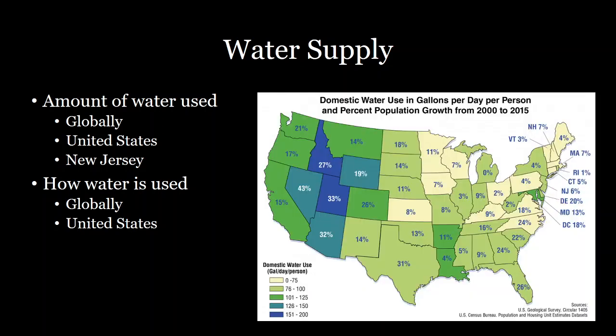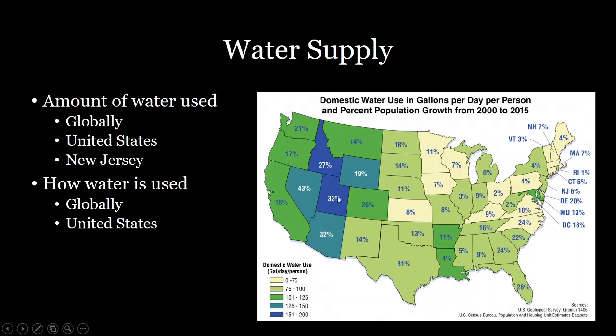We can see here in the colors for each state what the domestic water use per capita is, unlike the map that we showed total water use before. And we see that states such as Utah and Idaho have some of the highest water uses, more than twice as much as other states such as Maine or Pennsylvania.